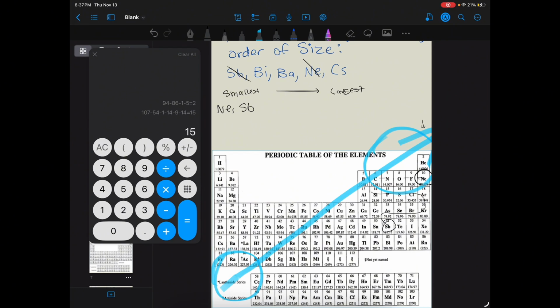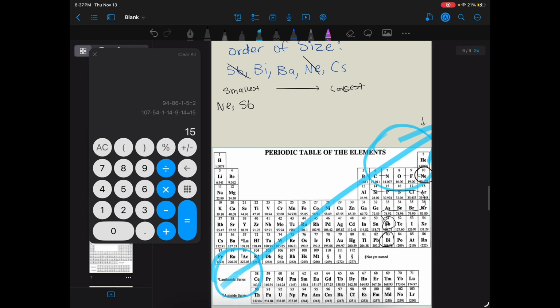After that, we would keep scanning, and we can see, oh, BI. Since BI is directly under it and following the trend, that would mean that it's larger. So we would write BI and then cross that out. After that, we would keep scanning, go all the way here, keep looking, and then we would see, oh, BA.